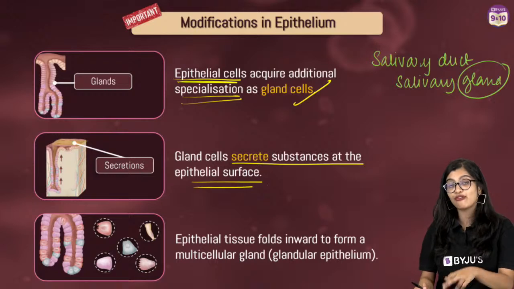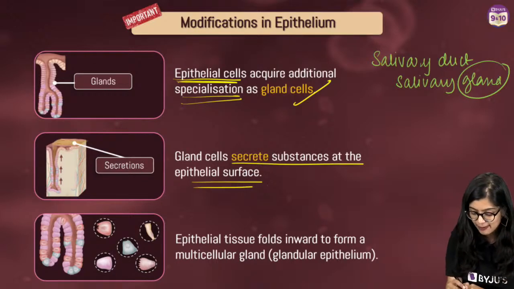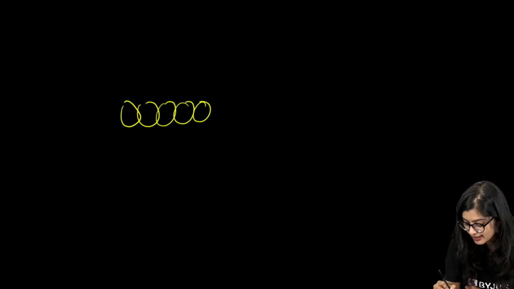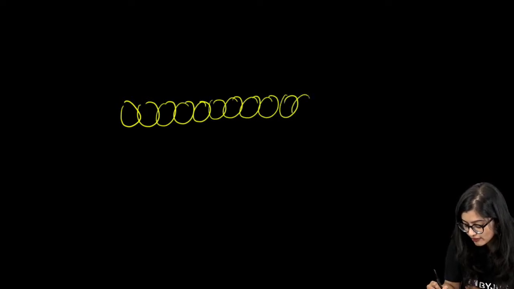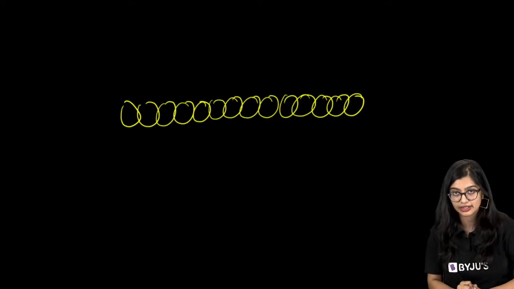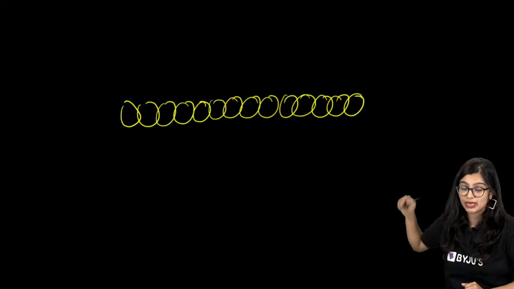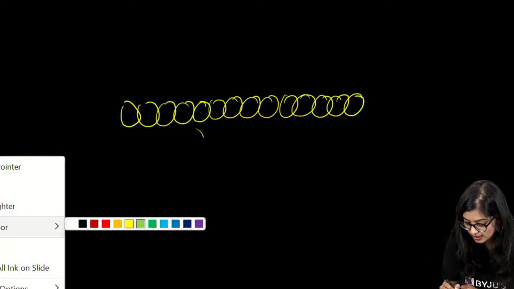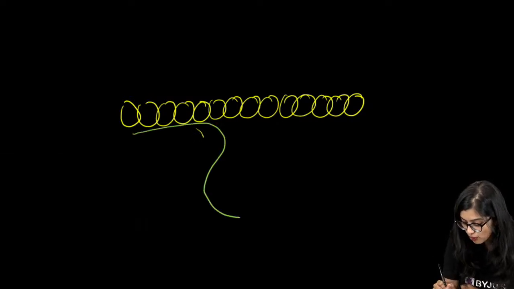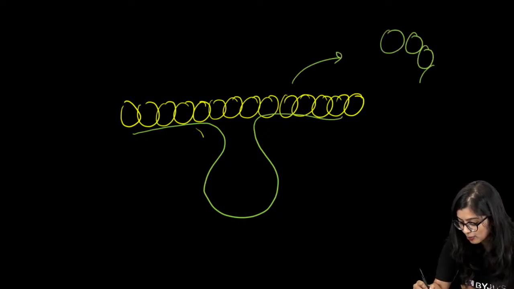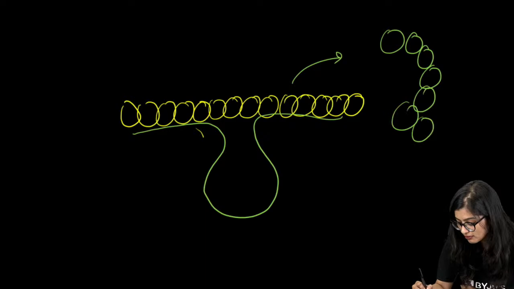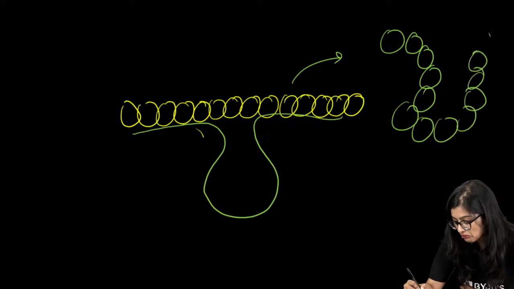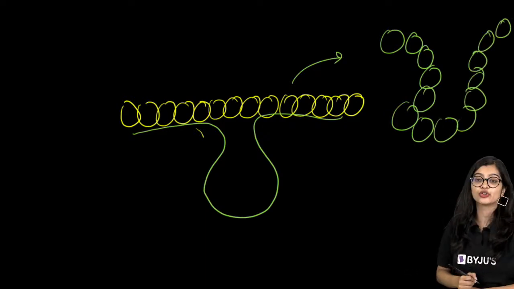Normally for a gland to be formed, if this is my single layer of epithelial tissue, and it has to become a gland, it will fold inwards like this. So this will eventually end up looking something like this in order to form a gland.